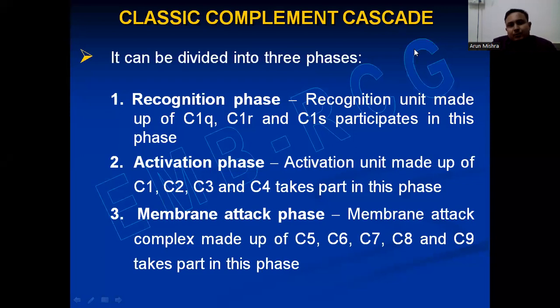The classic complement cascade includes the recognition phase, a recognition unit made up of C1q, C1r, and C1s, which participate in this phase. The activation phase, with an activation unit made up of C1, C2, C3 and C4, takes part in this phase. Then the membrane attack phase, which consists of C5, C6, C7, C8, and C9.